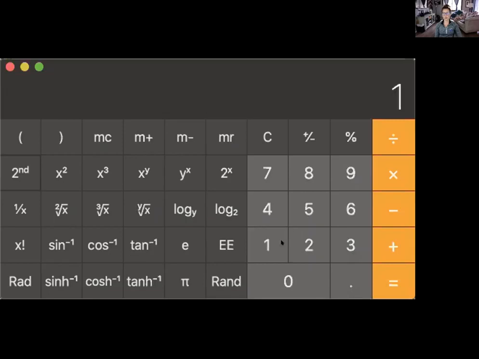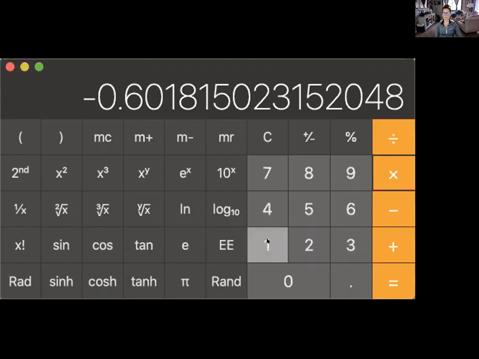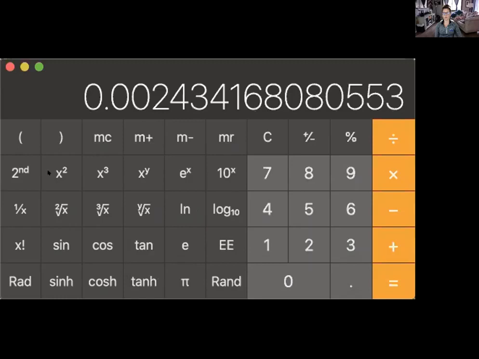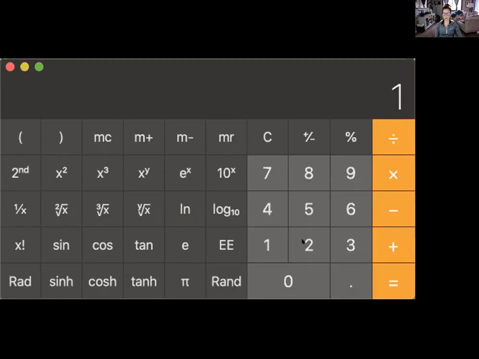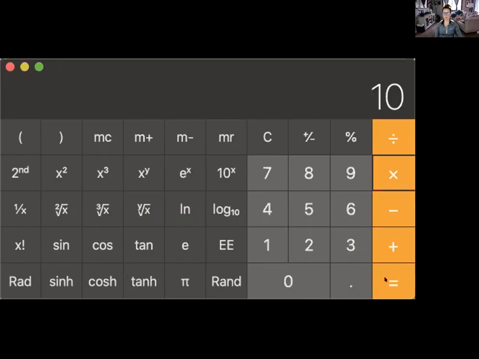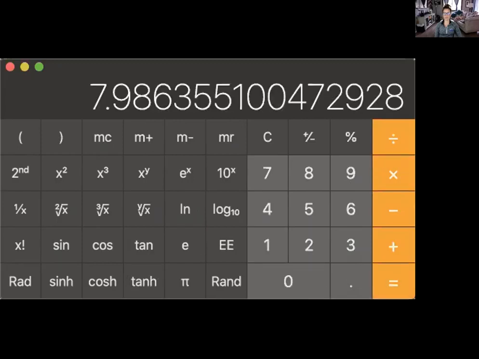So we'll do cosine of 127 times 10, and that gives us -6.018. And then we'll do sine of 127 times 10, and that gives us 7.986.